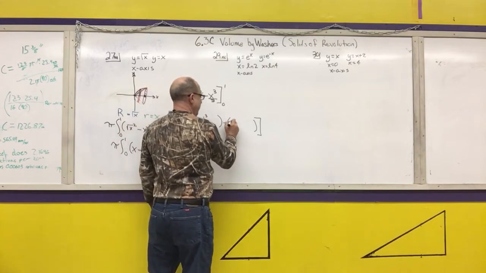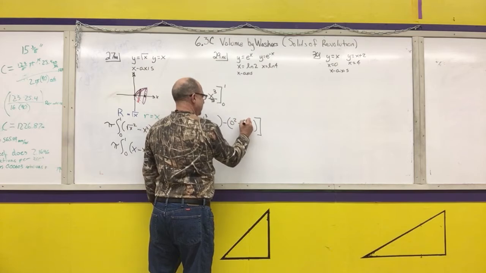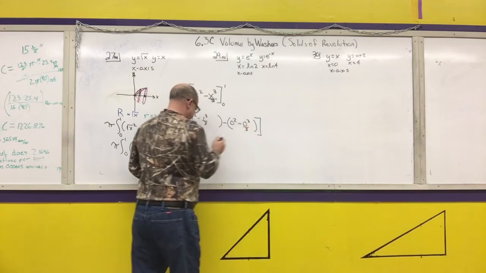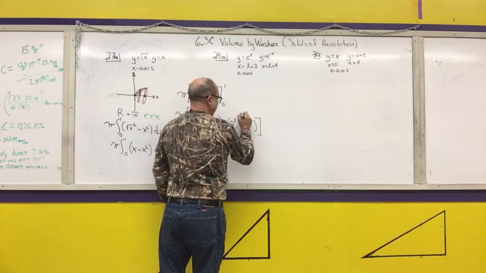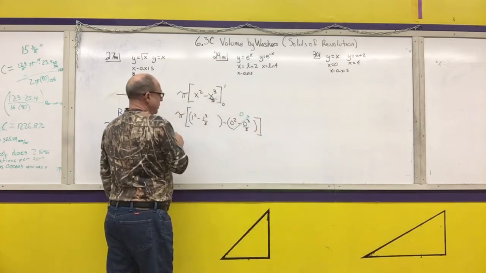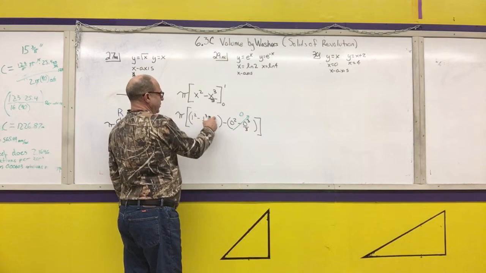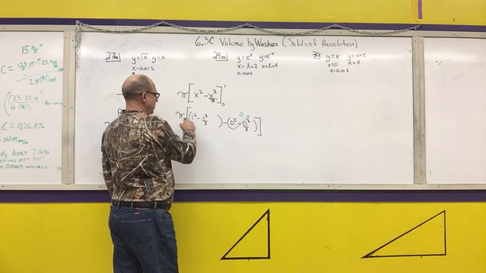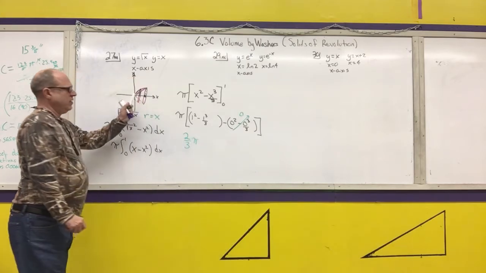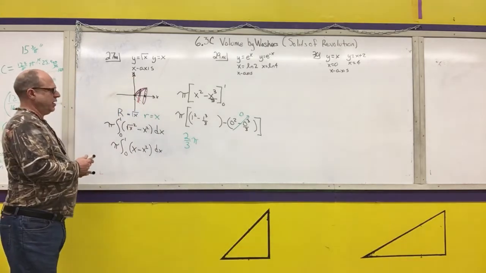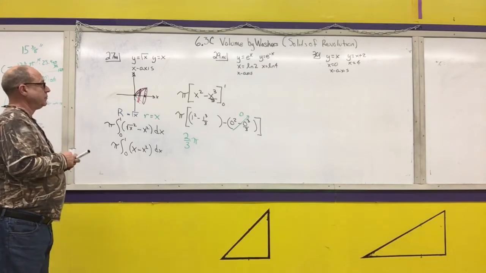And in this one I'll have 0 squared over 2 minus 0 cubed over 3. That's 0. So I end up with 1 half minus a third, which is 1/6. Times pi, that is pi over 6, units cubed because it is a volume.